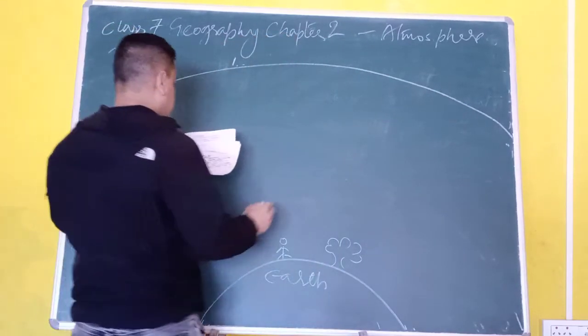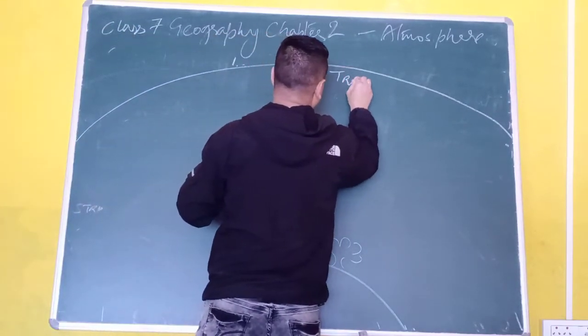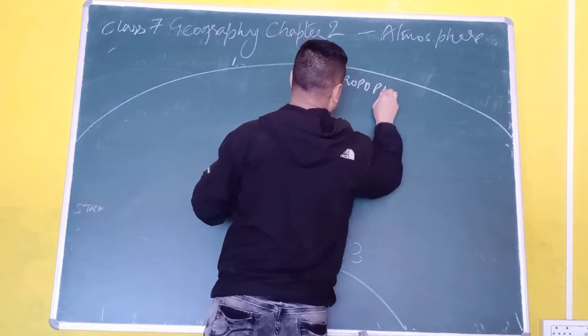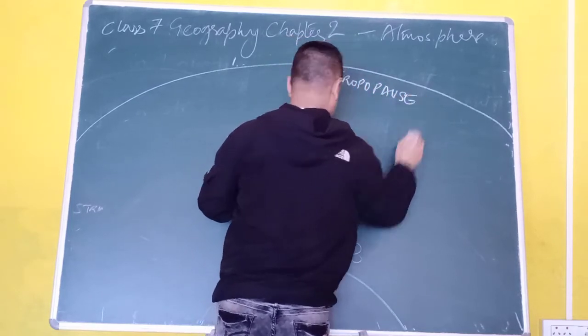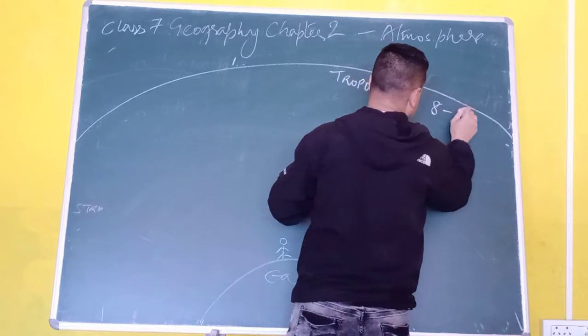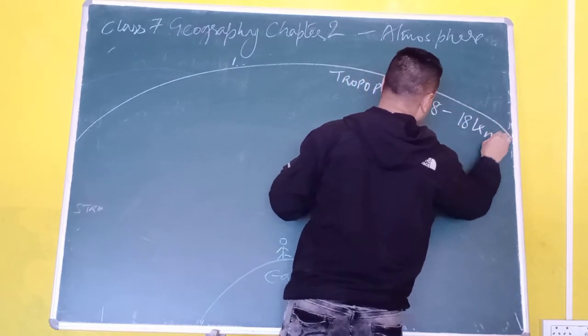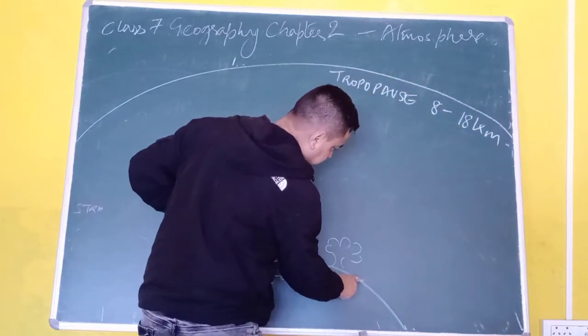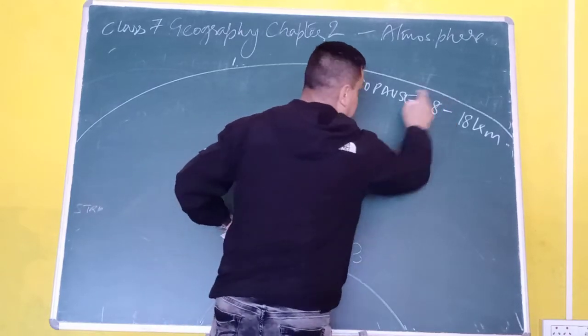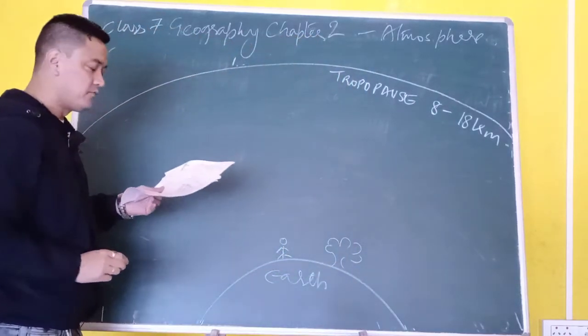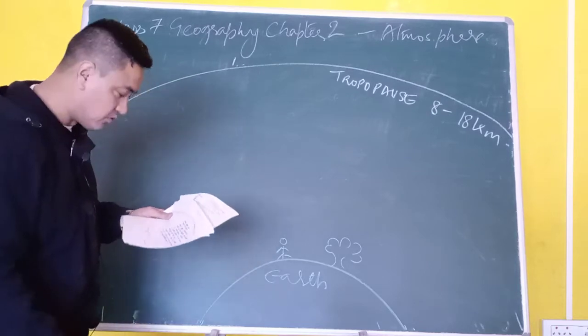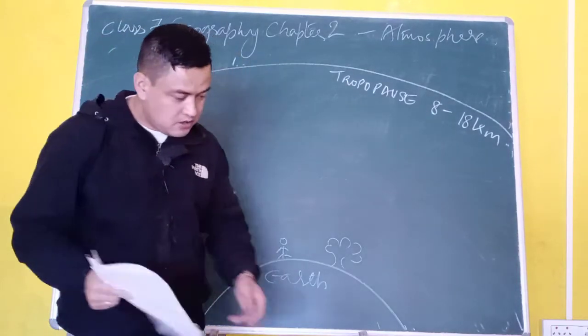This is known as the tropopause, which basically starts from 18 kilometers. So basically, the tropopause starts from here and ends up to here. This is the upper limit of the troposphere. This is known as the tropopause.